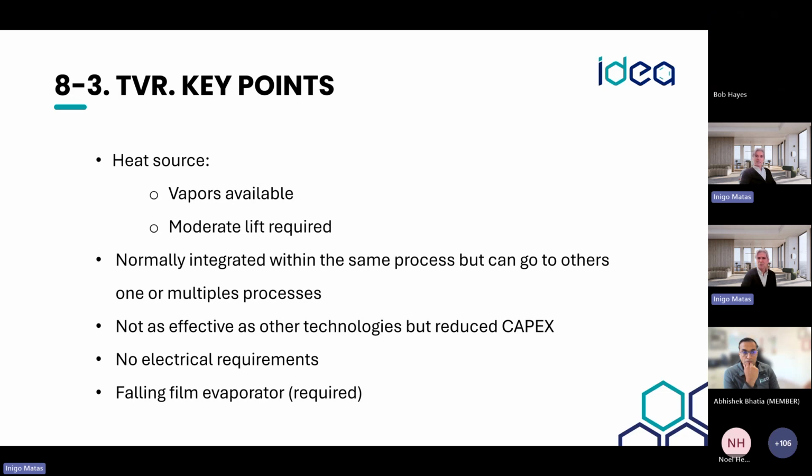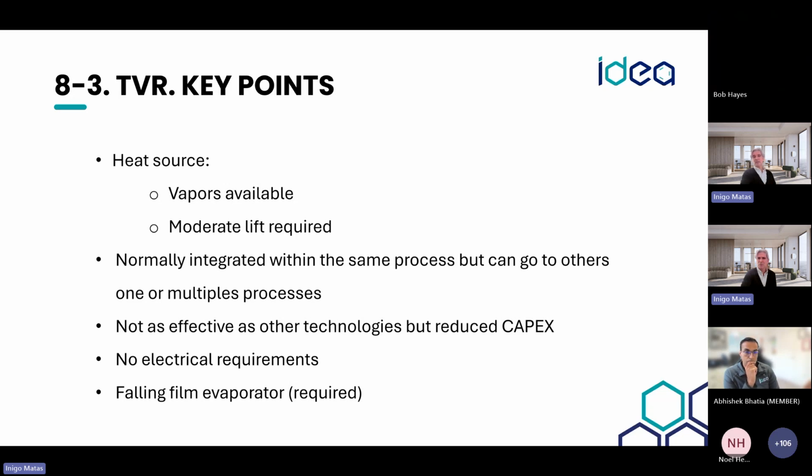So the key points: in this case, the heat source is the process. We are capturing the heat of condensation of those vapors. We can only achieve a moderate temperature lift because of the way we are doing the process. Normally in this case we integrate the heat within the same process, not like in the previous case where we were extracting the heat from the condenser and putting it back into the reboiler.